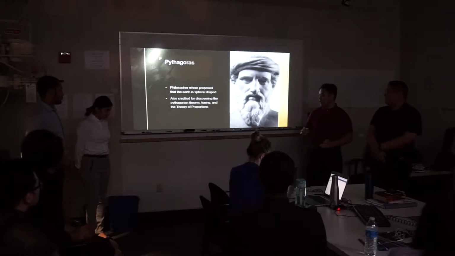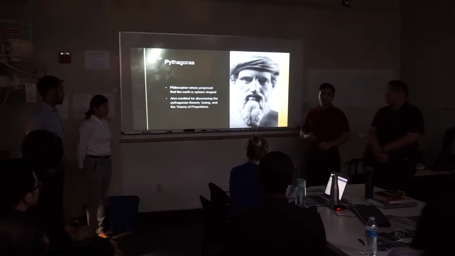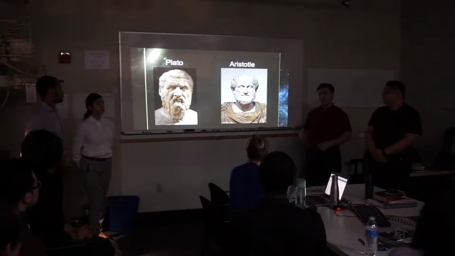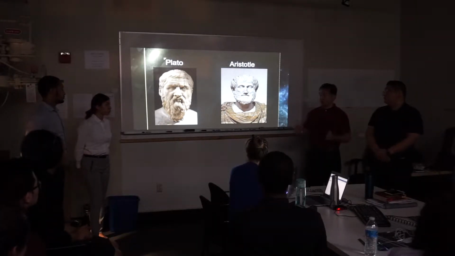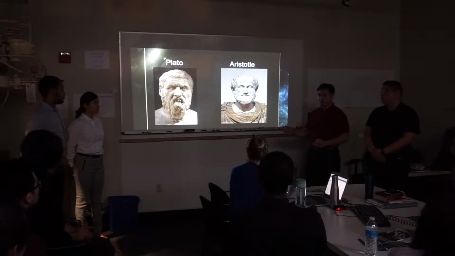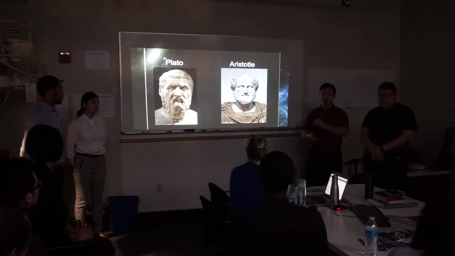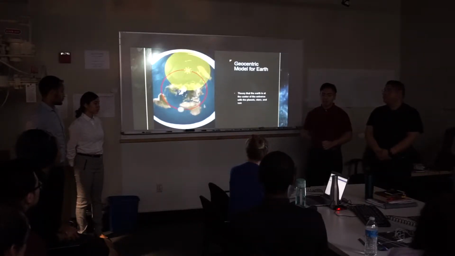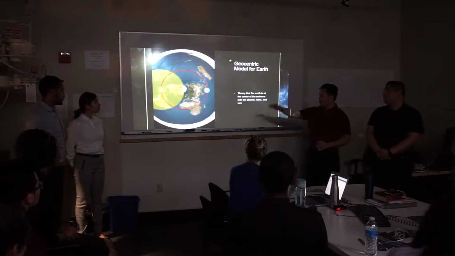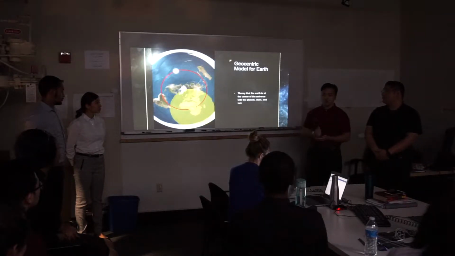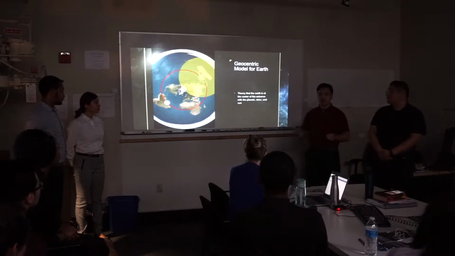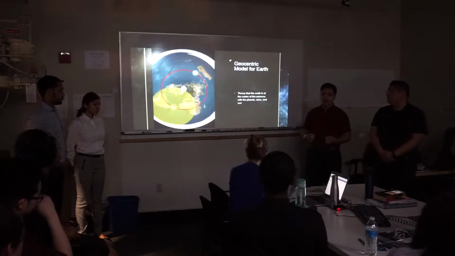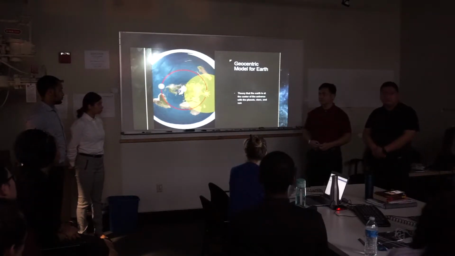But even after he proposed this theory, it was only speculation until the 4th century, when philosophers combined Pythagoras' concept of a spherical Earth with Plato and Aristotle's concept of the world revolving around the Earth, called geocentrism, which is essentially that the planets, the stars, and the sun all revolve around the Earth, and the Earth is at the center of the universe. And this geocentric model would be the standard belief of what the world looks like until the mid-1650s.